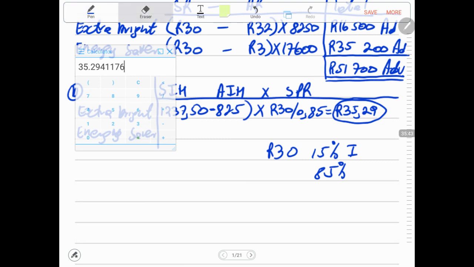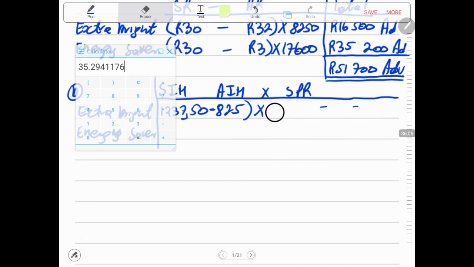Hence we always say the standard rate divided by 0.85, which is the productive hours, since 85% of the time our employees are productive. That will be our rate, 35.29, that we multiply with.